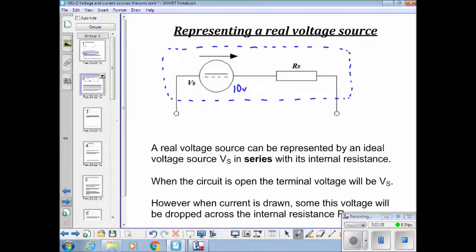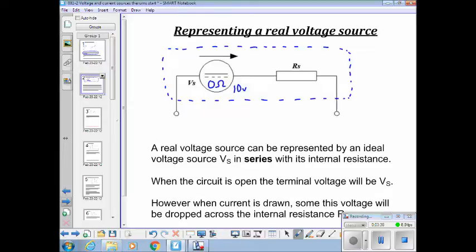This bit has got 0 ohms about it. It's got 0 ohms internal resistance, and we put it in series with its actual internal resistance. So a real voltage source can be represented by an ideal voltage source, Vs, in series with its internal resistance.